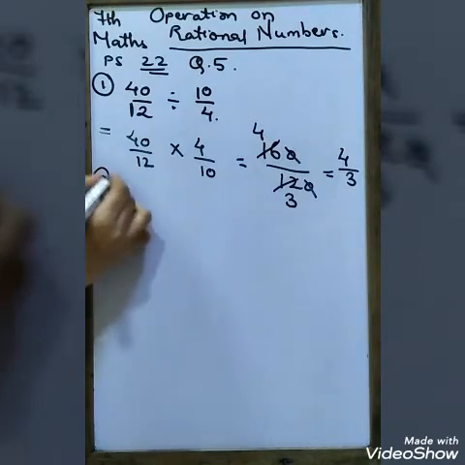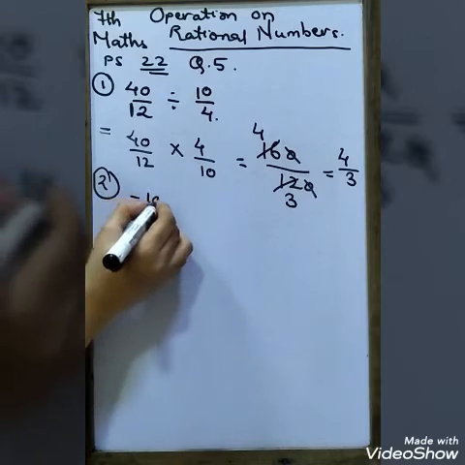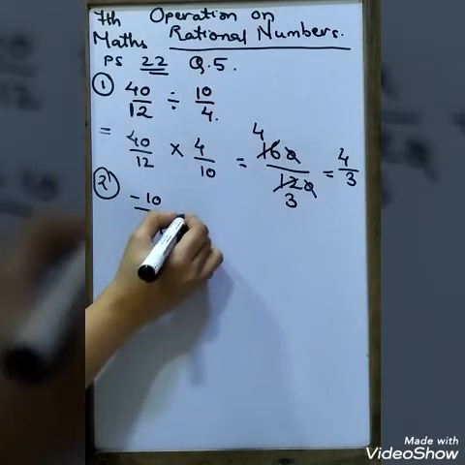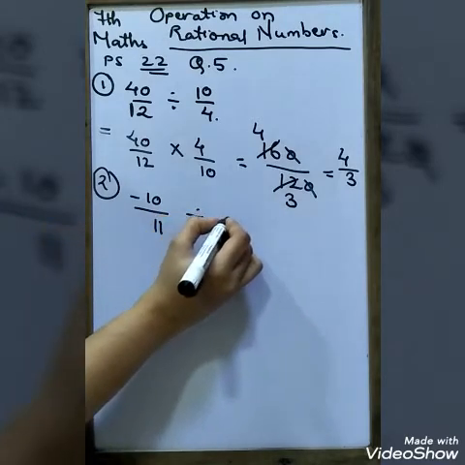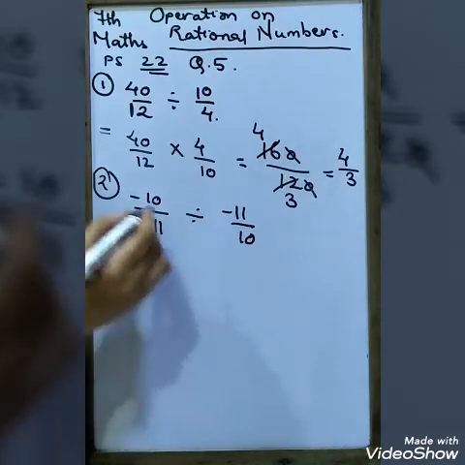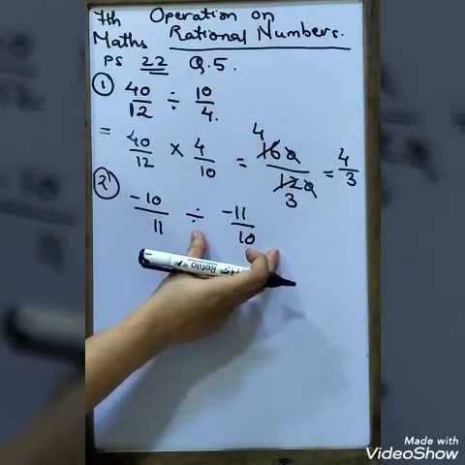Now the second question we are going to solve. -10/11 divided by -11/10. For this again we are supposed to take the multiplicative inverse of the second one.